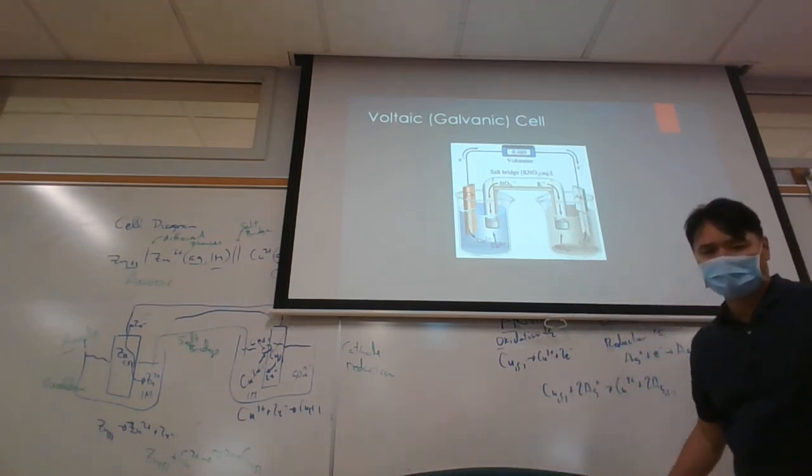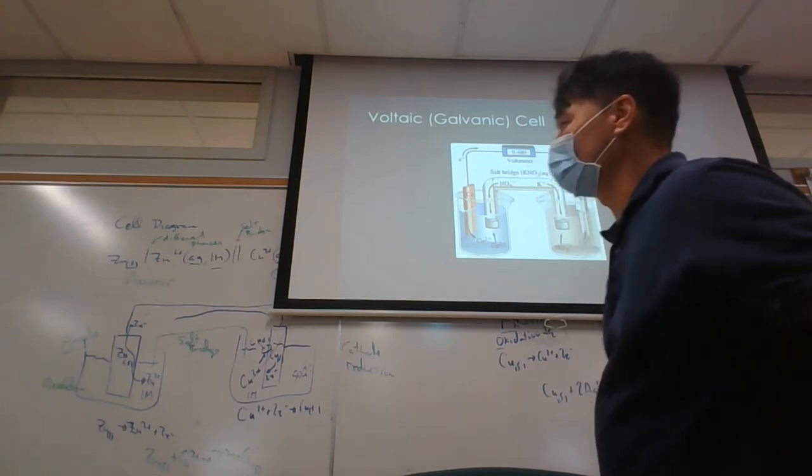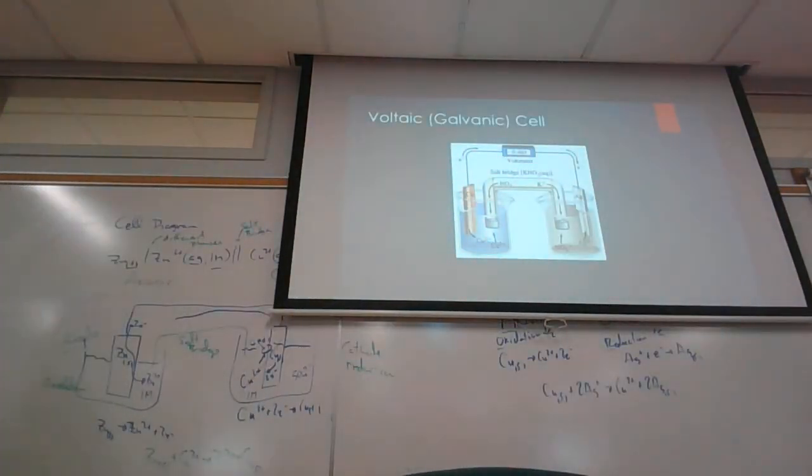In other words, when we look at this voltage, we call it the cell potential, which is equal to V or E. E stands for electromotive force, which is voltage. And so when we look at E of the cell, in fact, we're going to use E for electromotive force. E of the cell, under standard conditions, is E naught of the anode, that is the potential for the anode, plus the potential for the cathode.